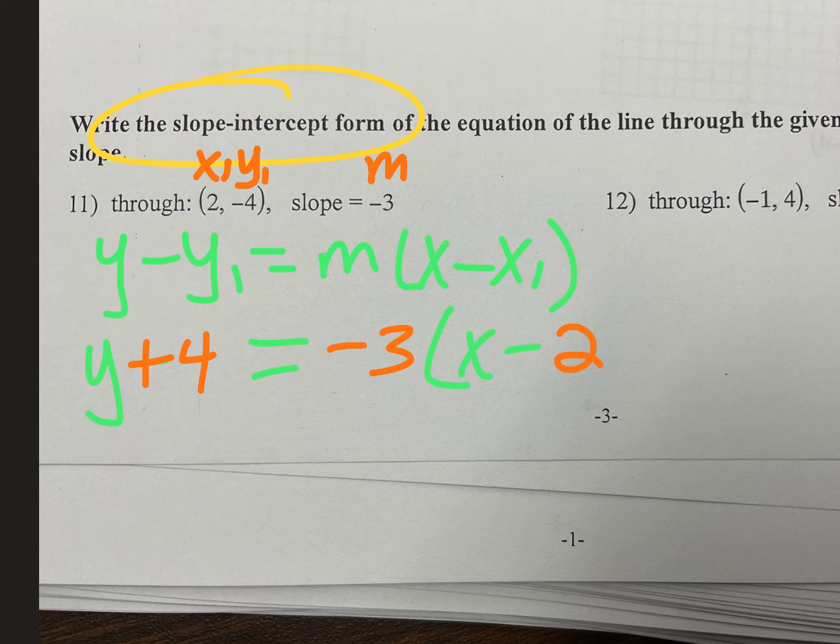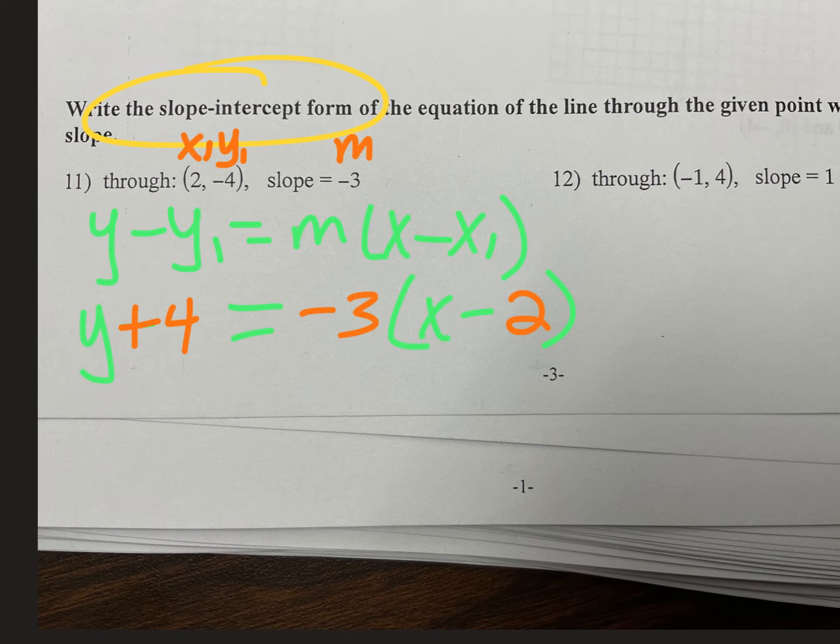Now, if you stop here, you're not correct because it's asking for slope-intercept form. This is the most common mistake. I'm trying really hard to help you. This is the most common mistake people make on this quiz. They do this and they forget the directions are asking me for slope-intercept form. So you still got to make that extra step.